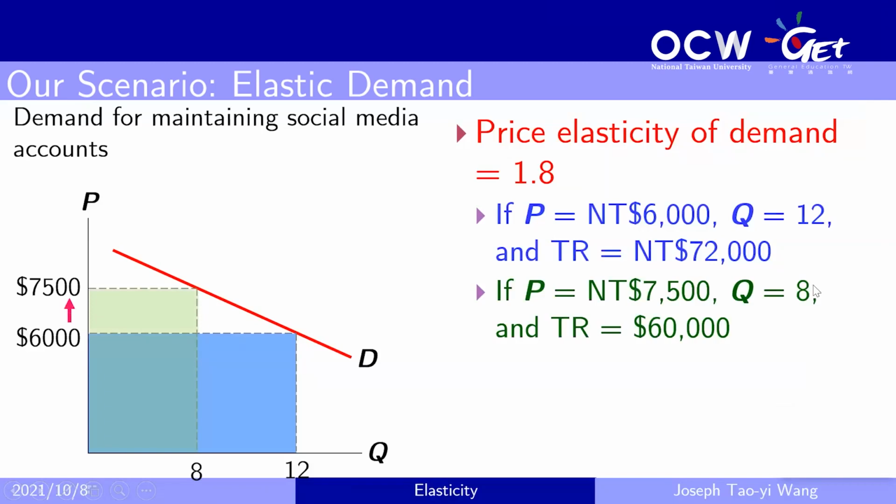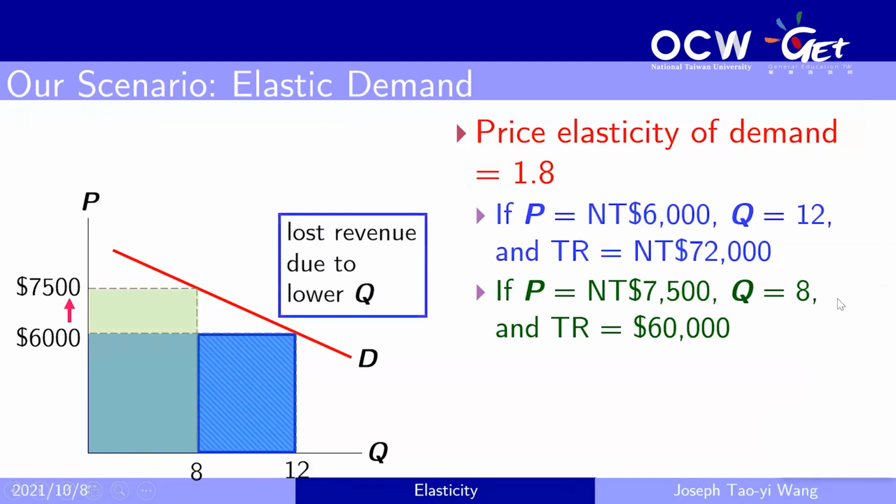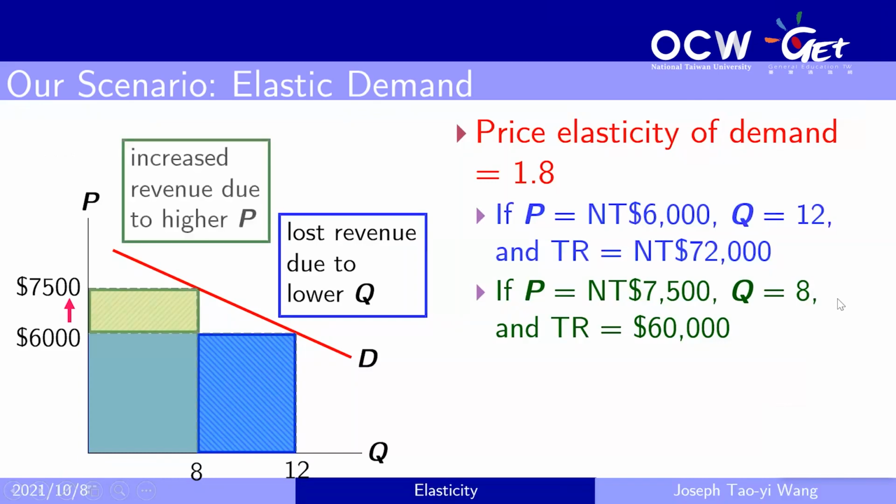That's how we did our calculation to get a price elasticity of 1.8. And so now your total revenue is only $60,000. And the key thing is that this shaded blue area is the lost revenue because you have a lower quantity. And it's larger than the shaded green area, which is the increase in revenue because of higher prices.